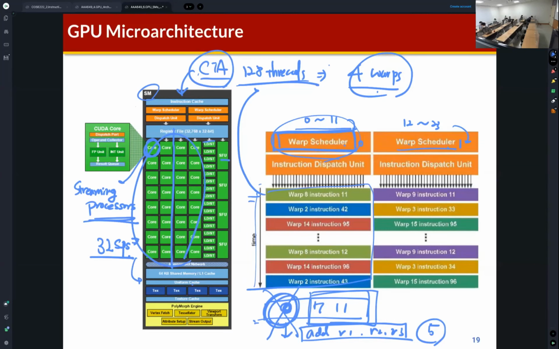The modern GPU has 128 kilobytes of register file per SM, which is very large, right? It's larger than the actual cache.